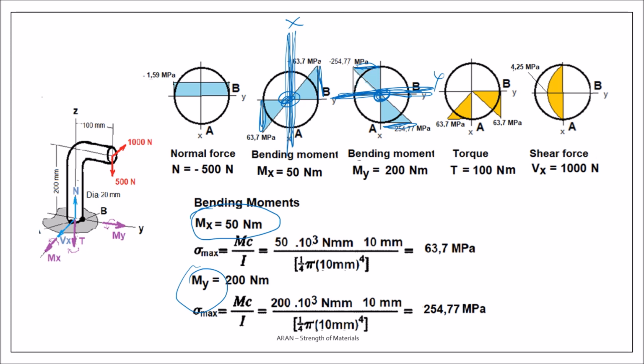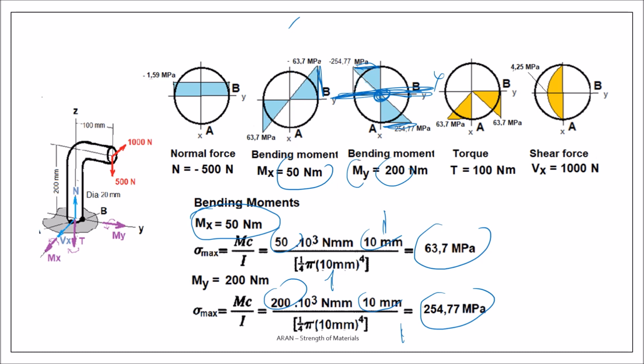So I know that Mx is 50, My is 200, and the distance is all 10 because the maximum stresses are on the surface, and this is the moment of inertia. So as you see, this value is 63 and this value is 244, and now I can draw the stress distribution for the bending moments as shown in the figure.